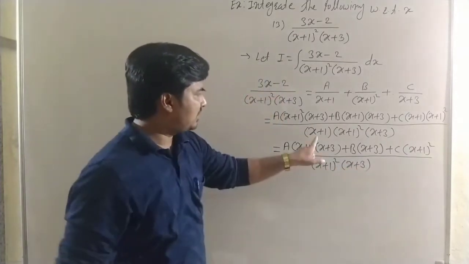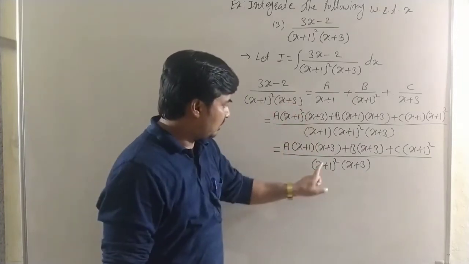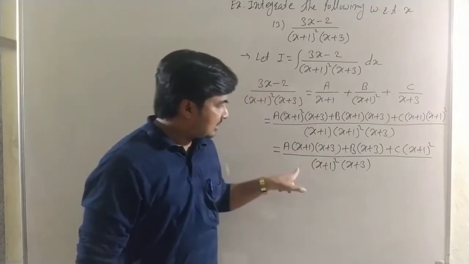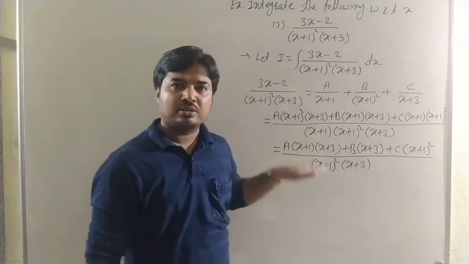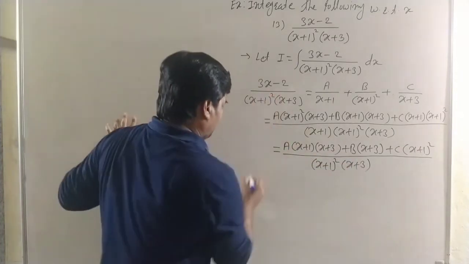This x plus 1 gets cancelled, and now in the LHS and RHS the denominator is the same, so the numerators are also the same.